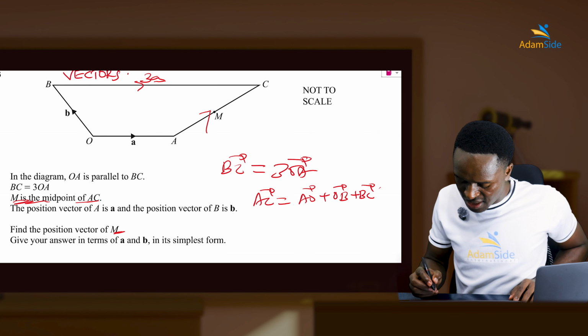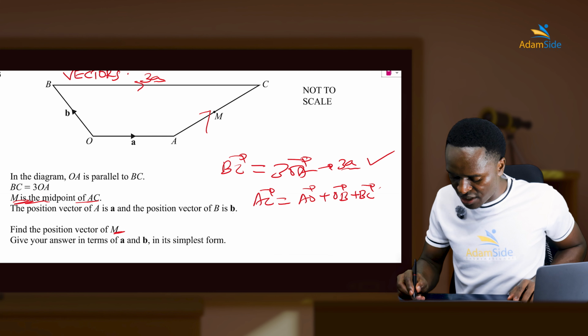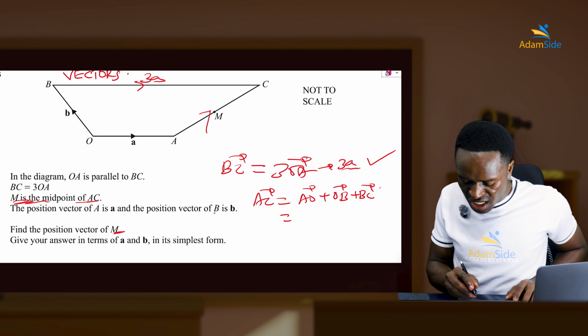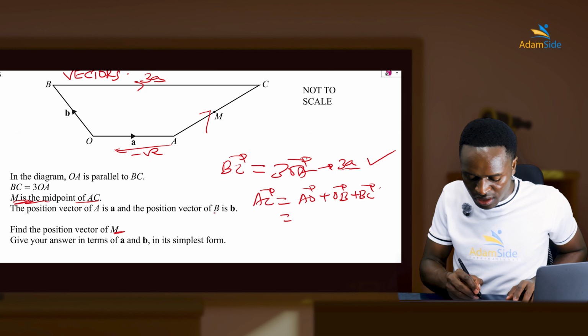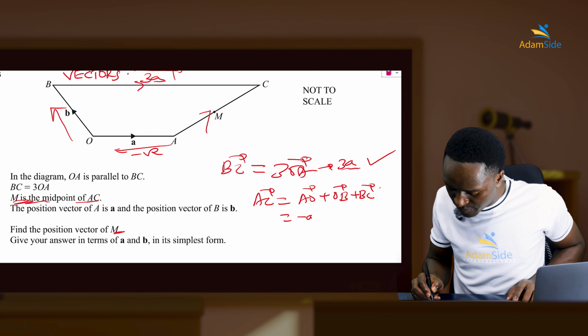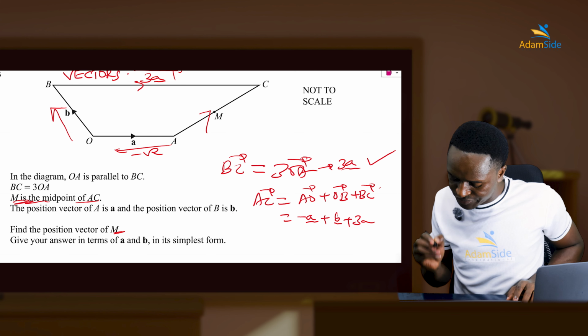Remember, vector BC is equal to 3OA, which is 3A. By showing that, we get a mark. Then AO is negative, moving this way and moving that way, so you have negative A plus B plus 3A.